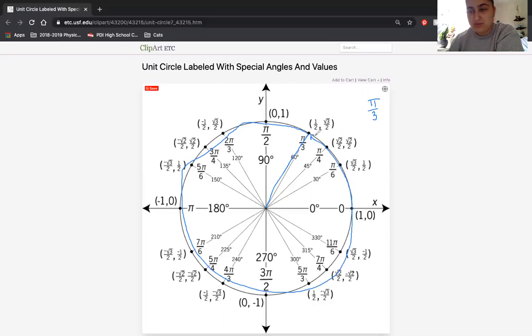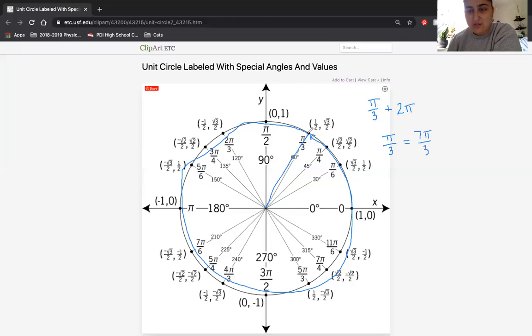if I go all the way around the circle again. So if I go all the way around the circle again, and I get back to pi over 3, it's now pi over 3 plus, what's the circumference of my circle? 2 pi. So pi over 3 is really the same as 7 pi over 3.